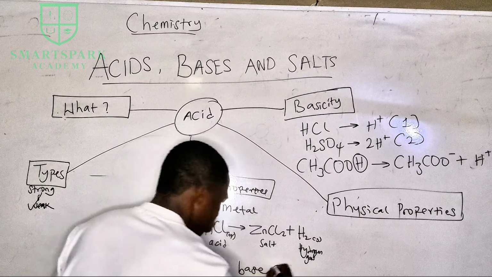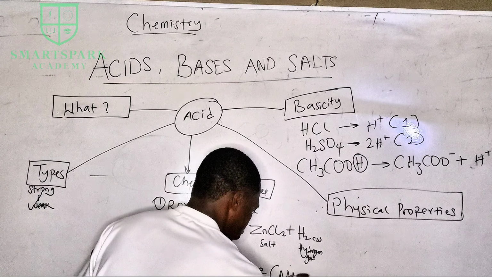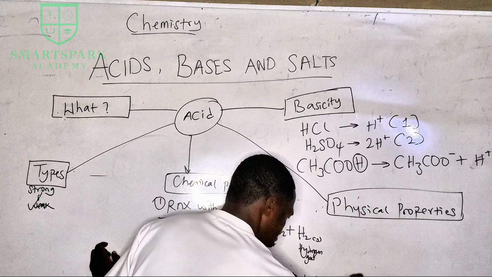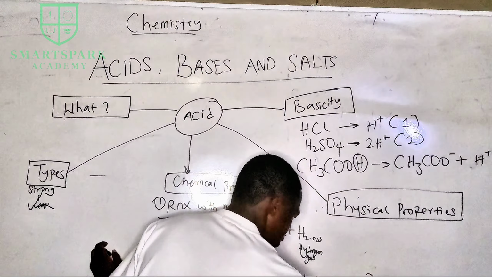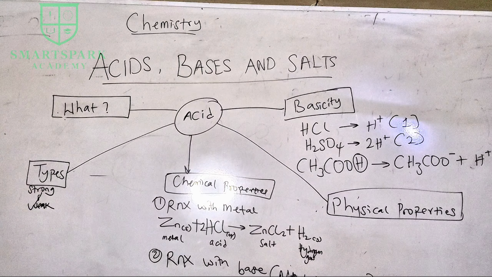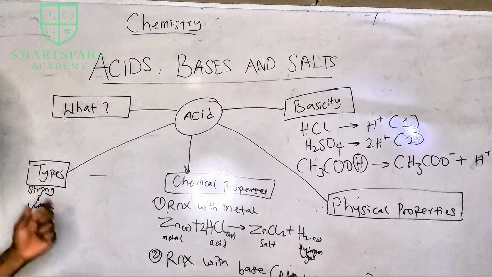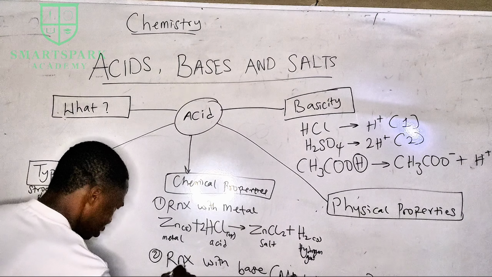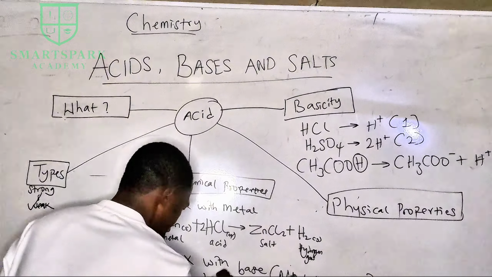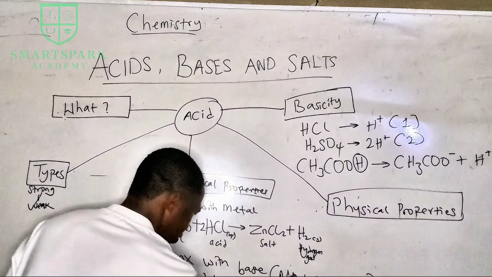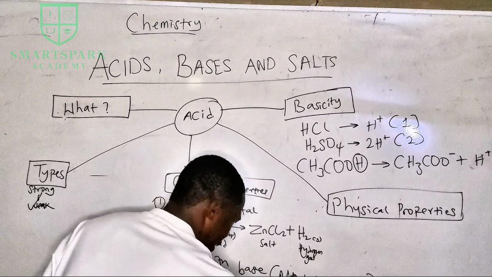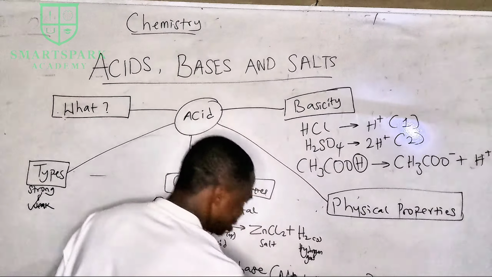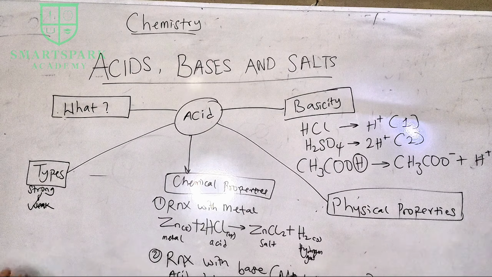It is also called neutralization reaction. So when an acid reacts with a base, it's also called what? Neutralization reaction. So we have an acid plus base. It gives you salt plus water. So with this, you already have an idea of how it's going to work.